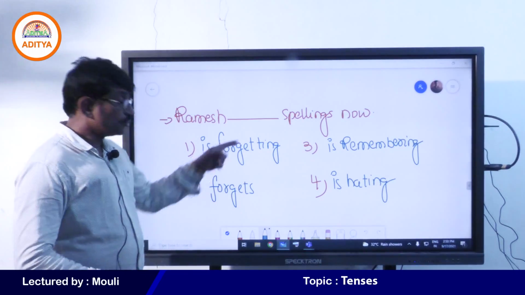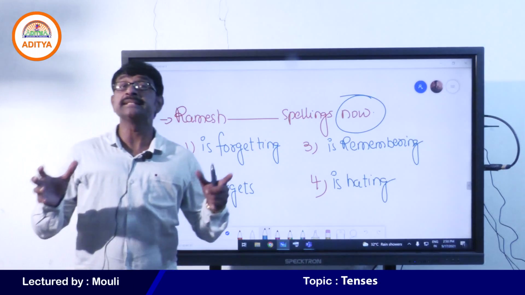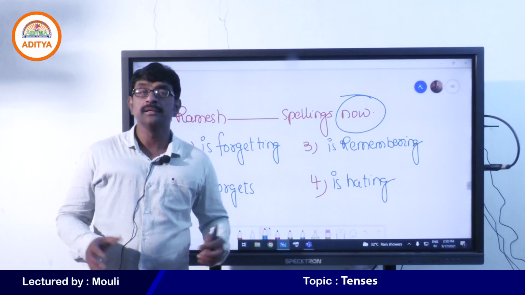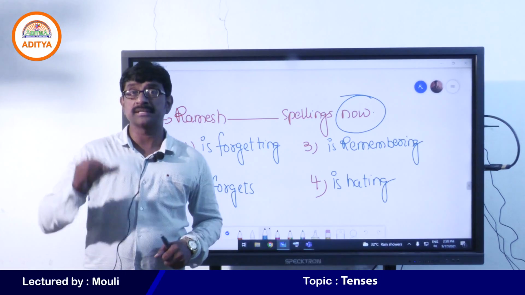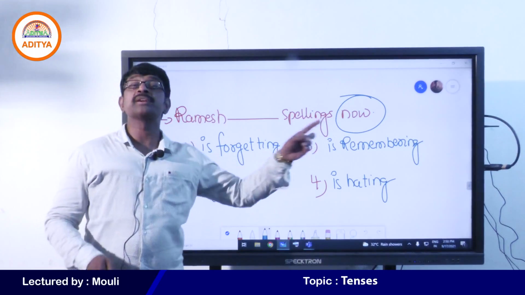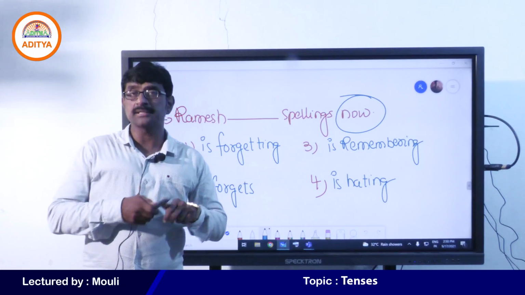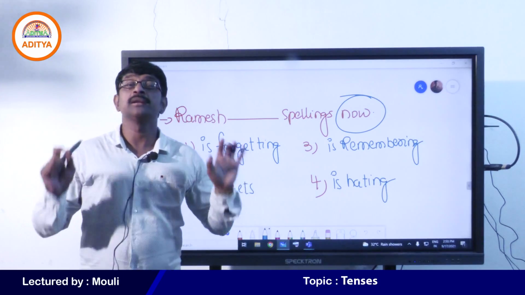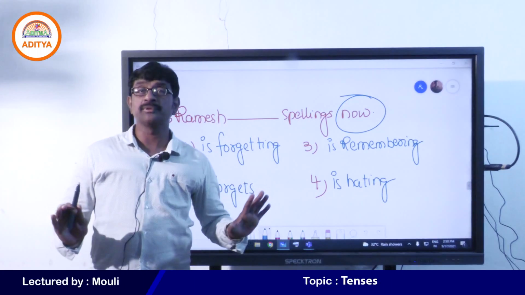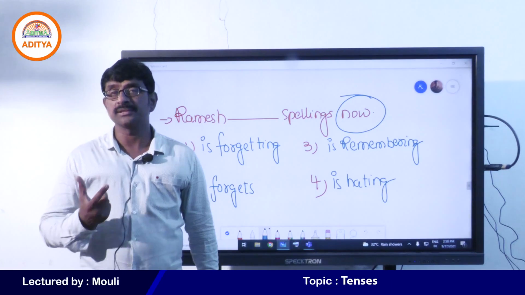And first, we go for adverb of time. Please remember the technique. Whenever you want to find what tense a sentence is, you must look at the object, the time object. Time object means adverb of time. Unless you look at the adverb of time, you cannot find what tense it is.